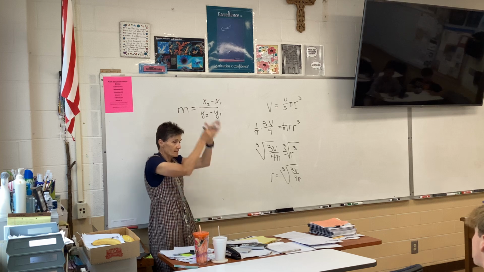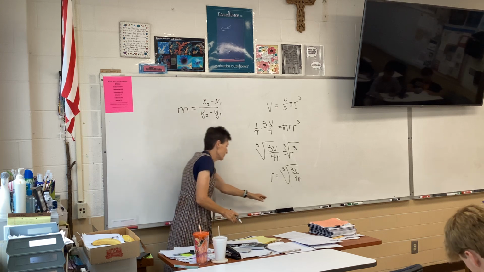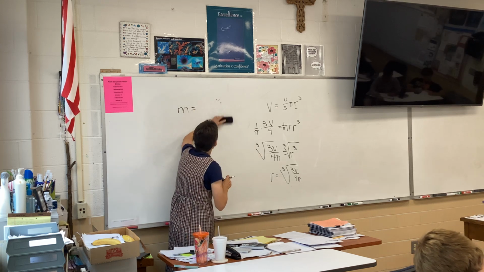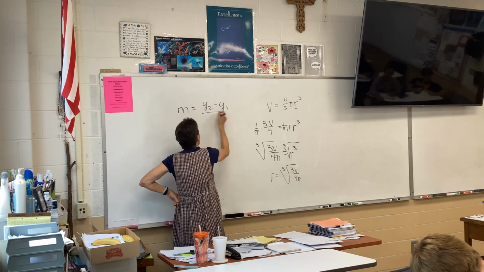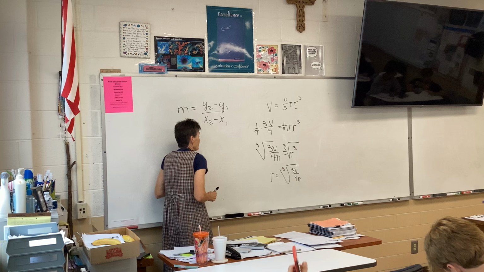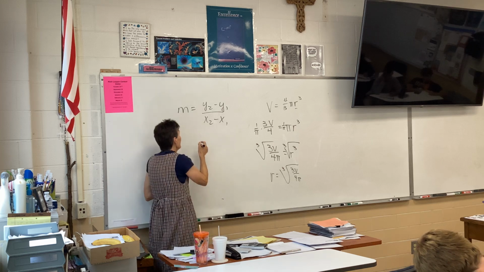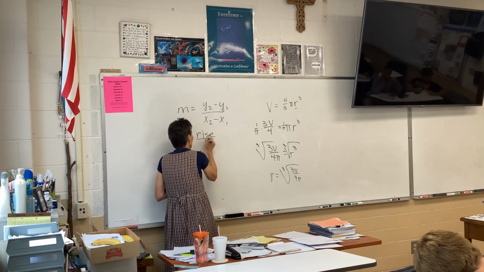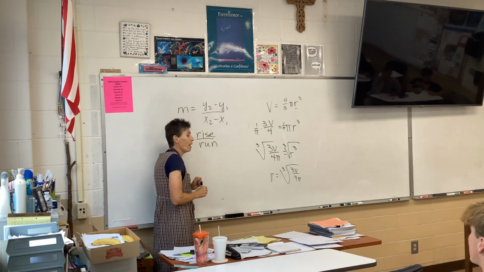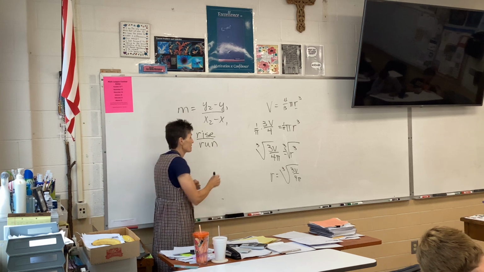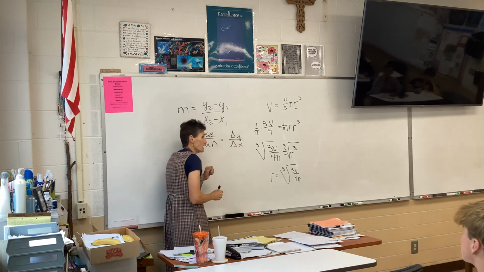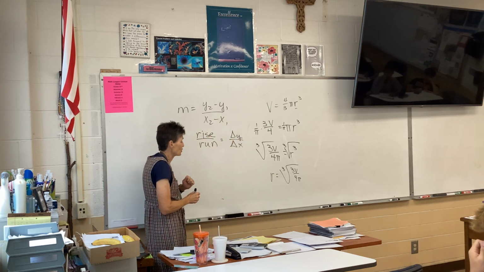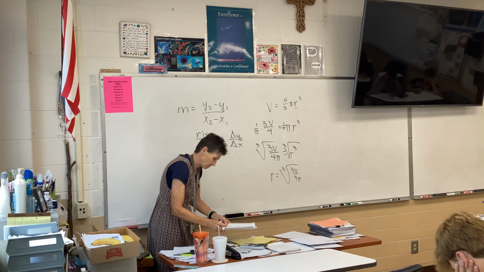Which variable is this? Delta Y over delta X. You know what I mean. That is slope. Rise over run. Y over X. Sometimes we see delta Y over delta X. Change in Y over change in X.